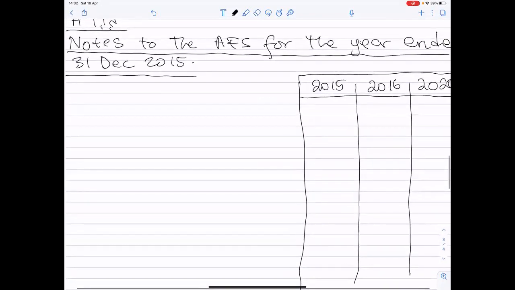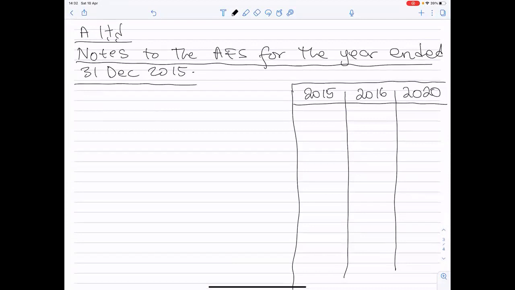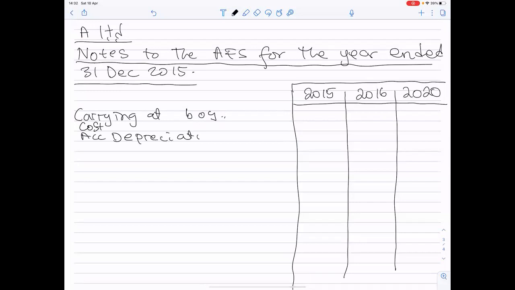So first, it is your template. Carrying amount at 1 January, or if you want, you can write the beginning of the year. Let me just write at beginning of year, constituting the cost and accumulated depreciation. During the year, we'll be having additions.